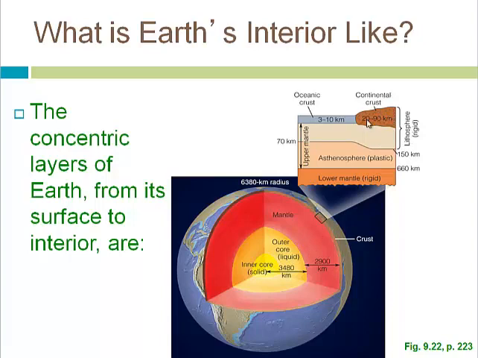So you have the crust. Of course, we have the oceanic crust that's less thick than the continental crust, and that's due to density issues. Then you have the upper mantle, which transforms into the asthenosphere, which is very plastic as temperature goes up, and then the lower mantle, which is very rigid.